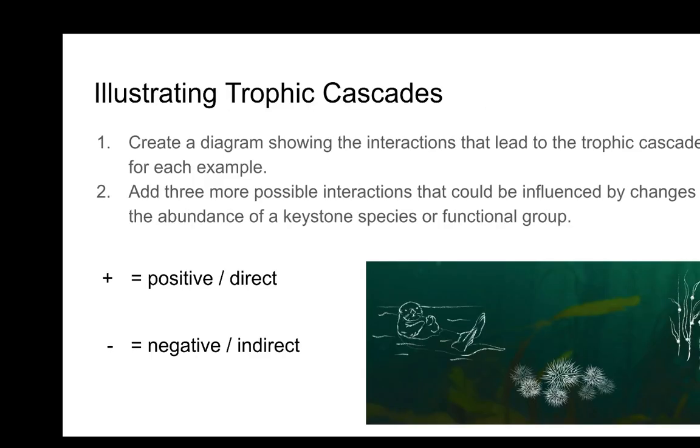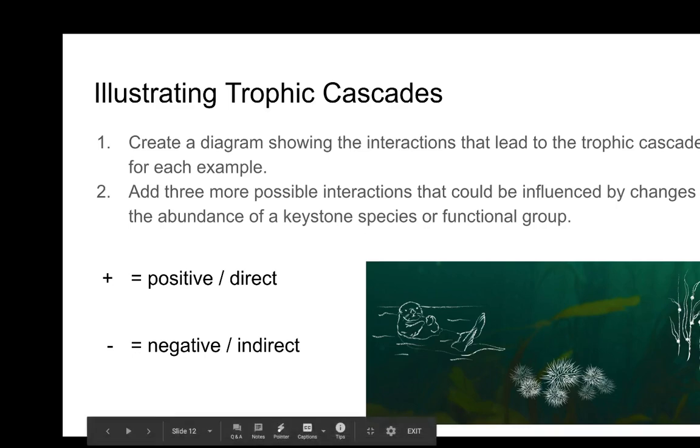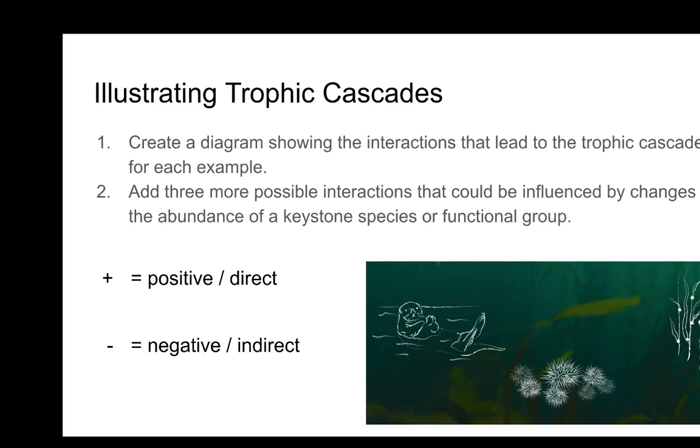And so in the trophic cascade activity, one of the things that I want to point out, and this just has some instructions if you want to do some work on paper, is that you'll see in the activity in the video that positive means that there's some sort of direct relationship. An increase in one population is going to cause an increase in another.